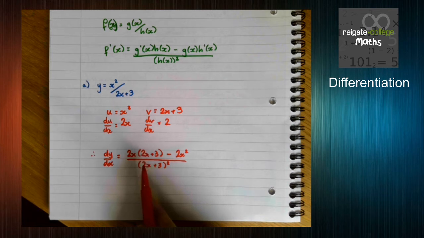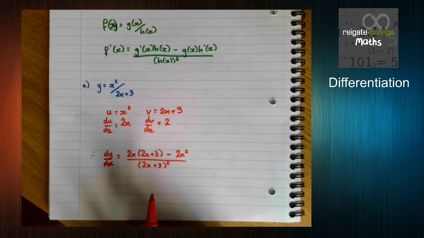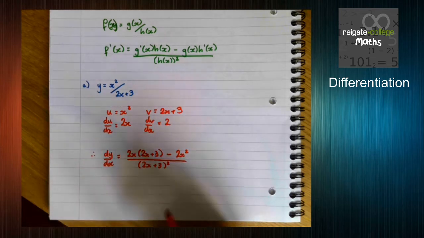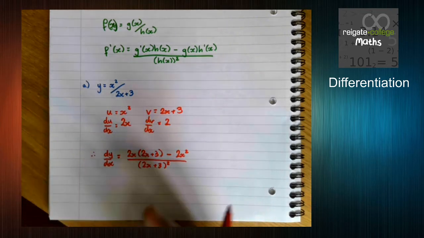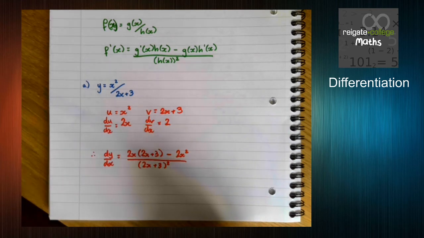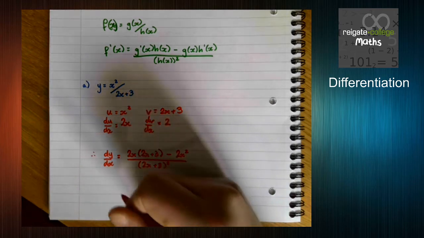With this example, we can see it's going to be relatively easy to multiply out the numerator and simplify. With other examples, it may be less so and may not be required, but knowing when to and when not to generally comes with practice and just some experience. It's very hard to say when you should, when you shouldn't.